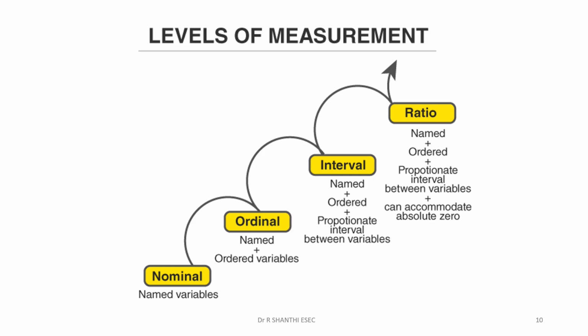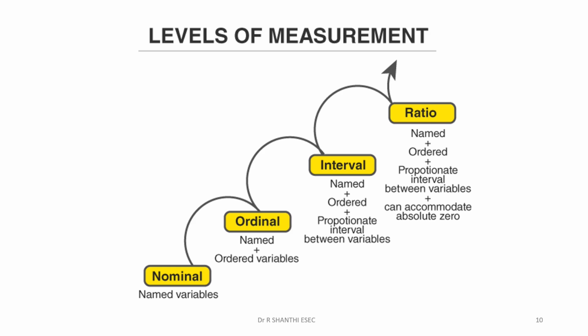There are 4 levels of measurement. They are nominal, ordinal, interval, ratio. So the level increases. The lower level is nominal, the next level is ordinal, after that we will have interval, then we will have ratio.